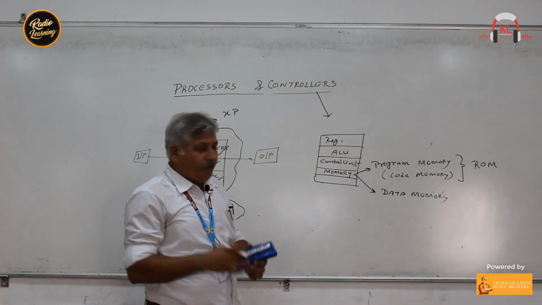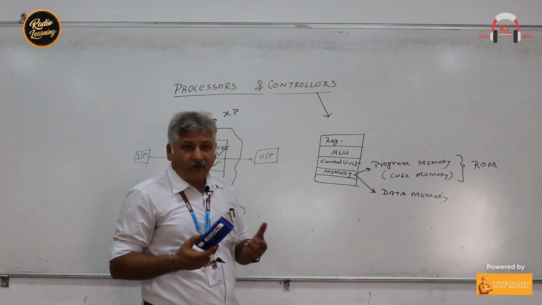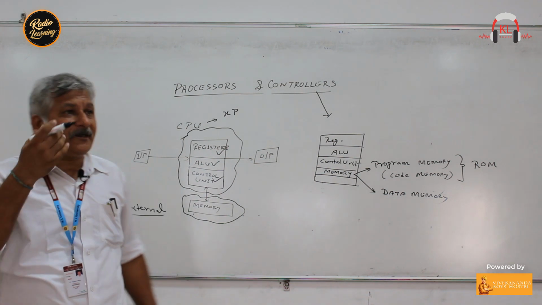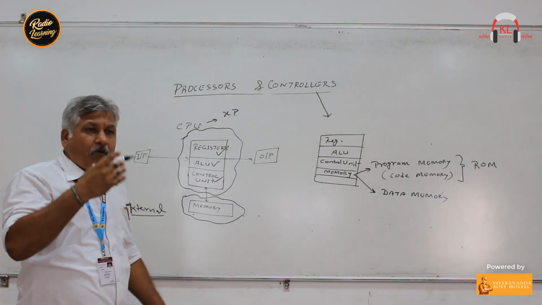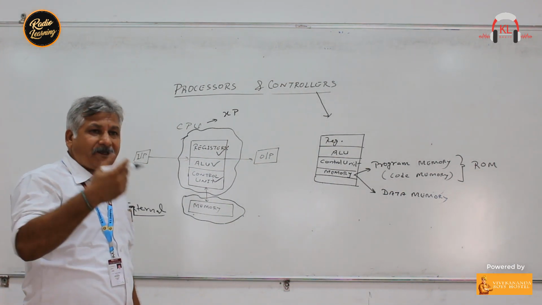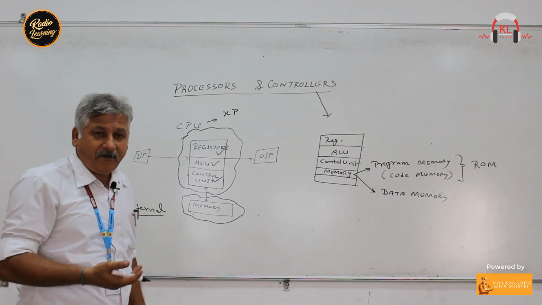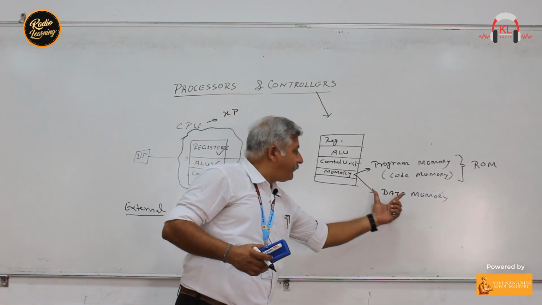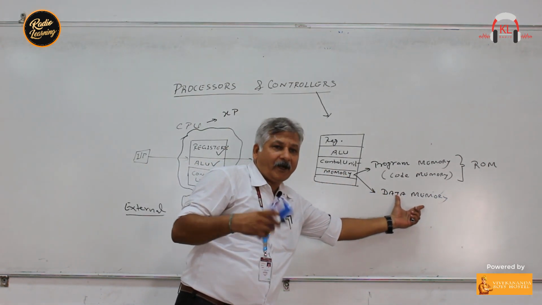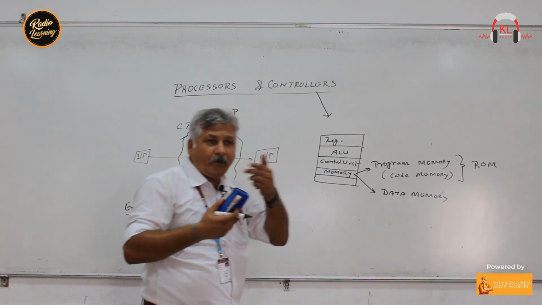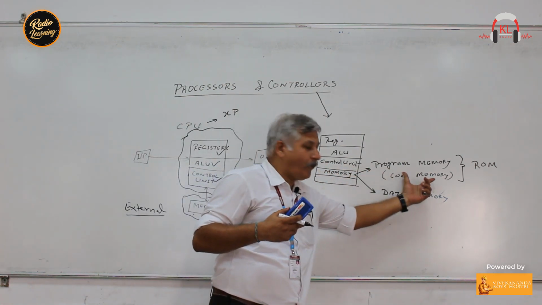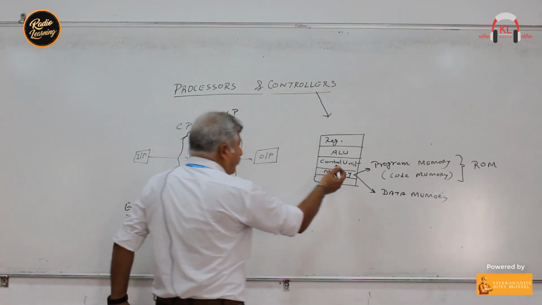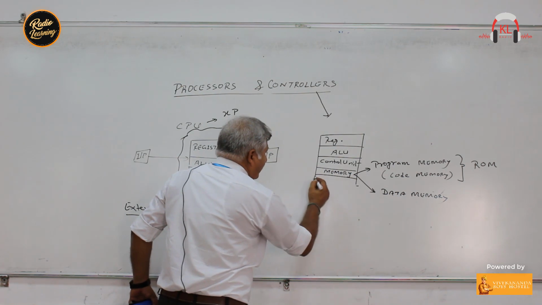In data memory, we store our values, our data, right? For example, if we want to sense the temperature of this room, then whatever the current temperature of this room is, we sense it with the help of a sensor, and that value will be stored in data memory, because that is our data. Over that data, some operation will be performed by the controller with the help of our program code, which is in code memory, right?